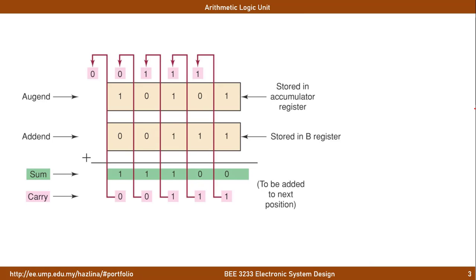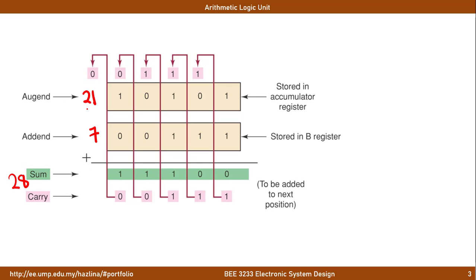Okay, let's have a look at the binary adding process. So this is an example of adding two numbers. The uppermost is equivalent to 21, whereas the lower number is equivalent to 7. So by adding these two together, you should get 28.